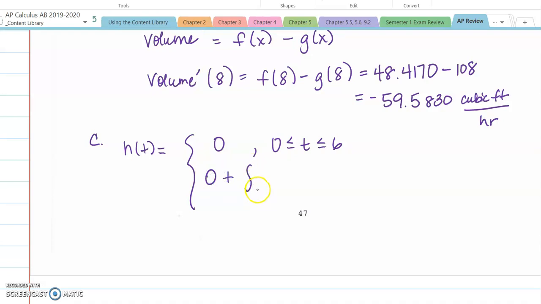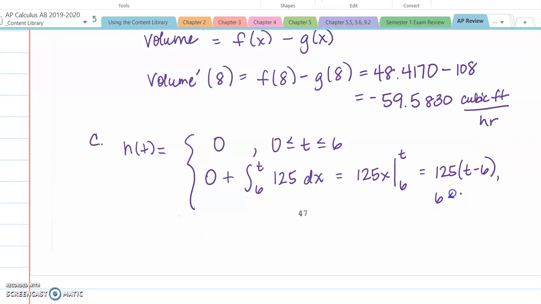And then we can integrate from 6 to t of 125 dx, and that's going to work for hours between 6 a.m. and 7 a.m. So this is the same thing as 125x from 6 to t, which is 125 times t minus 6 for all hours between 6 and 7.